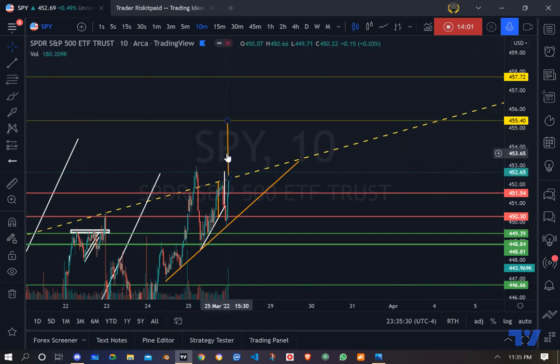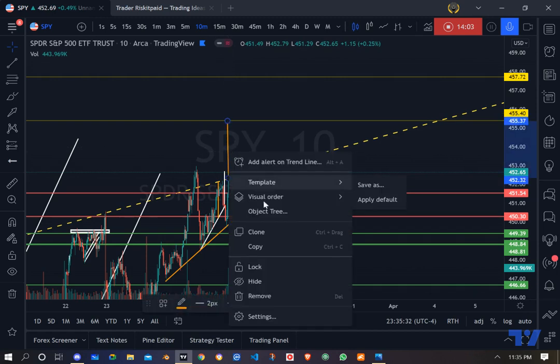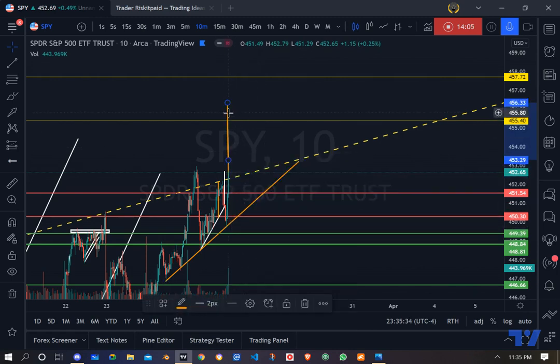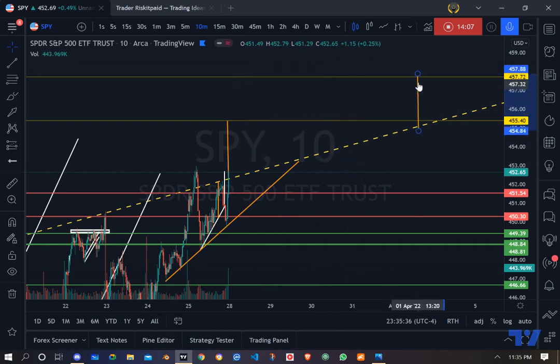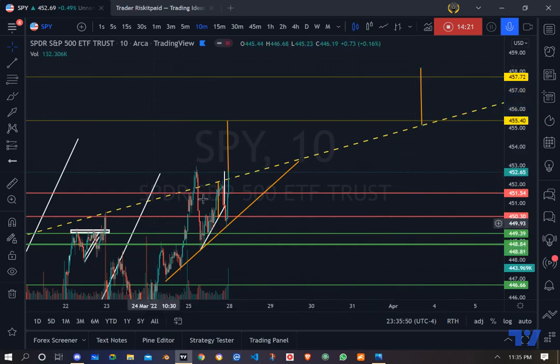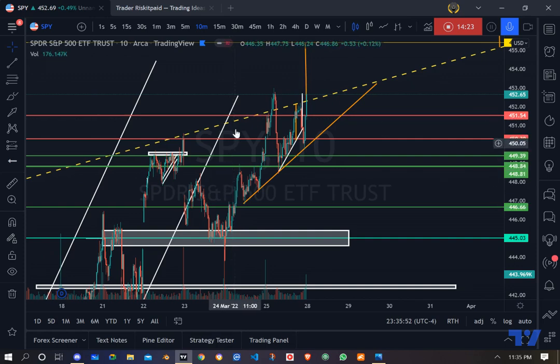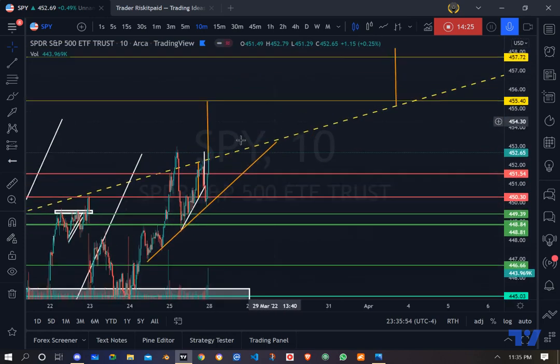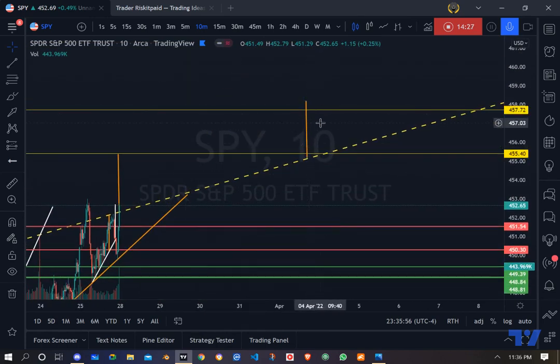If this is our new one, if I were to clone this real quick and we get through, as you can see, the measured move gives us roughly the same thing, probably into like 458, but it gives us roughly the same thing as if we took this right here as our measured move to end up in here.